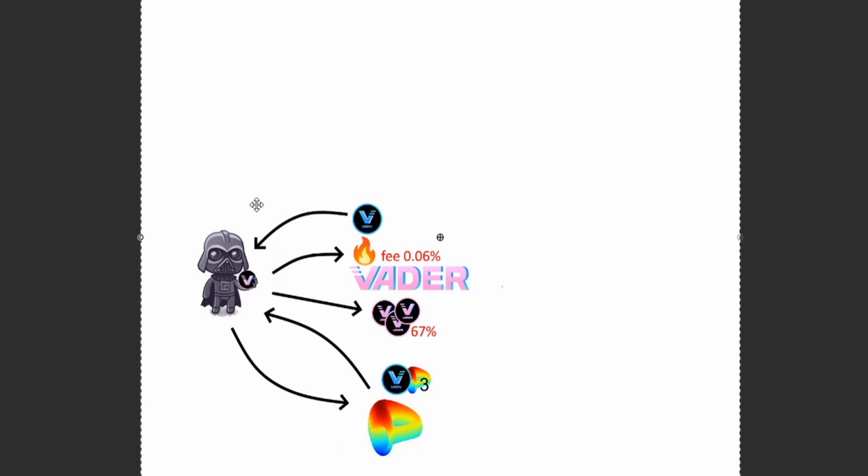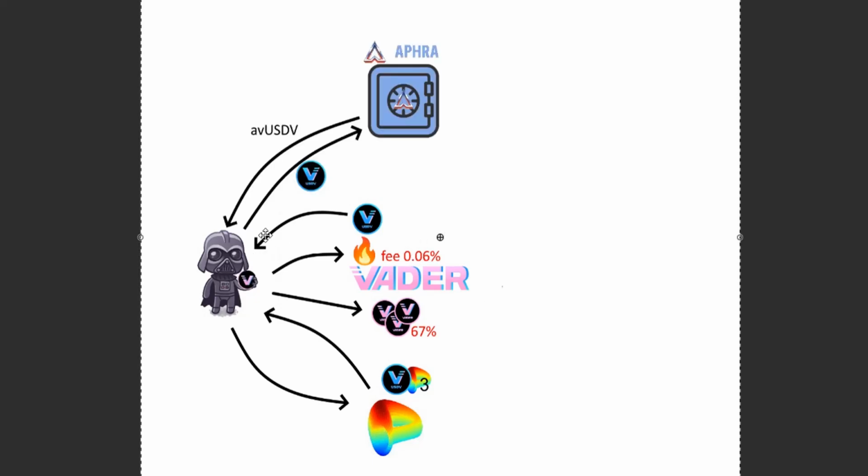Now, this is pretty straightforward, but there are some other options, like I told you, APHRA. So what's APHRA going to do? Instead of putting the USDV into Curve, he could send it to the APHRA vault. And in return for that, he's going to get back an AV USDV. It's a vault share token of his portion of the holdings at APHRA Finance in the vault.